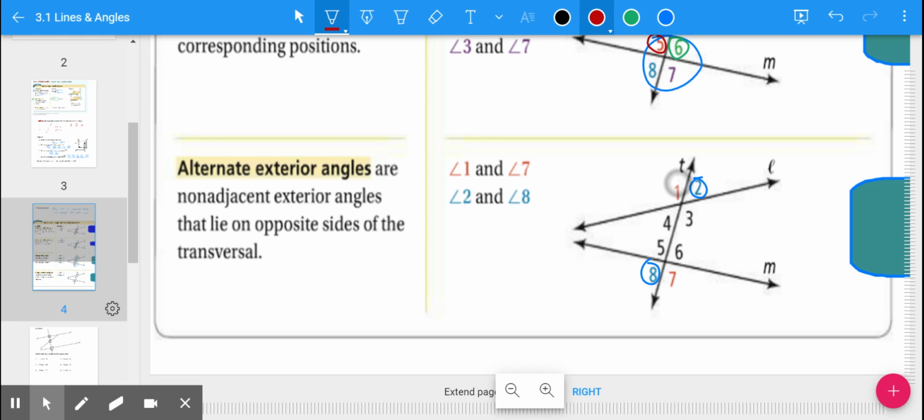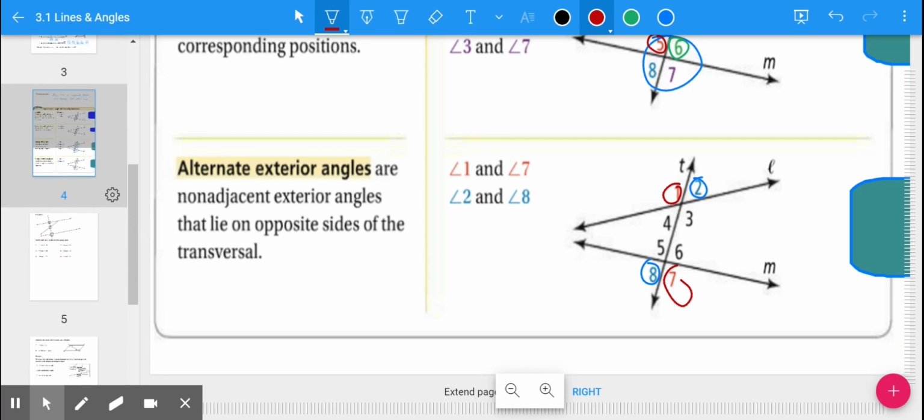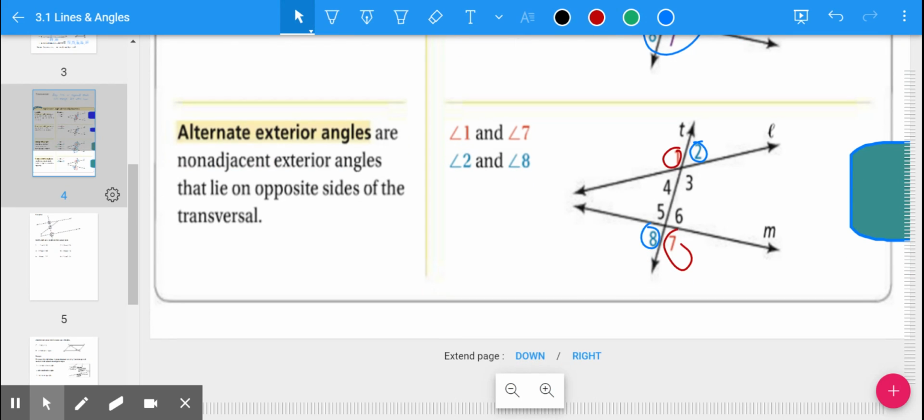And then angles 1 and 7 would be the other pair that we have on here that would be alternate exterior angles. Okay, as we get going in this unit, we're going to find some relationships about all those types of angle pairs when we have parallel lines, like if line L and M were parallel. For right now, we don't know that they're parallel, but we will get into that.